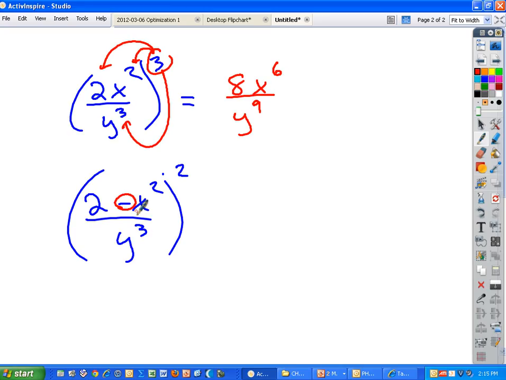Can't do that because these two terms are being subtracted. So on the top, I'm stuck with 2 minus x squared, squared, which I can expand out if I want to, but I can't distribute. To expand that out, I have to FOIL it out. Now on the bottom, what could I do? On the bottom, I can't, because the bottom's only got one term. Make sense?